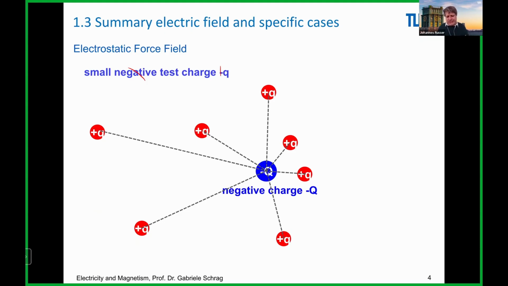Or we would get equivalent results if we were keeping our charge in the center positive and moving the negative test charge around. But you see now, because the charge in the center and the test charge which we are moving around are of opposite type, one is plus, one is minus, the test charge is being pulled in to the fixed charge that we have placed in the center of the picture.